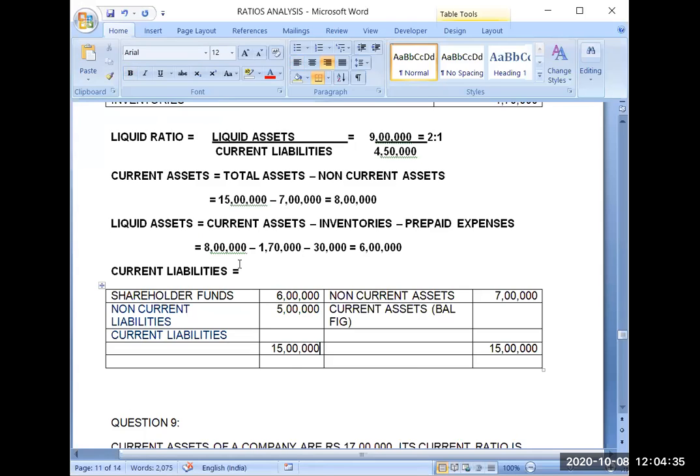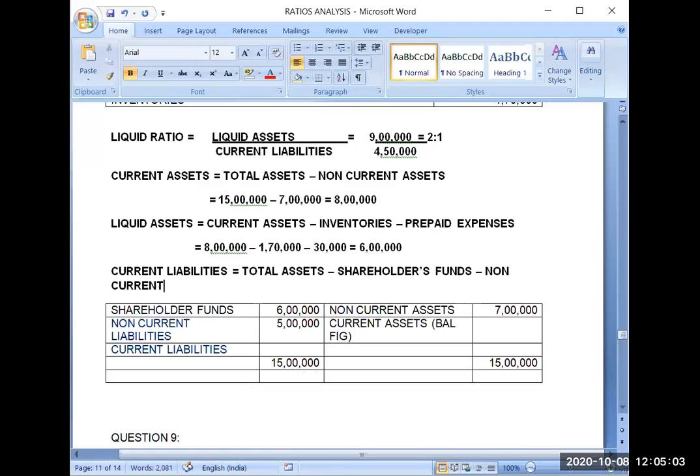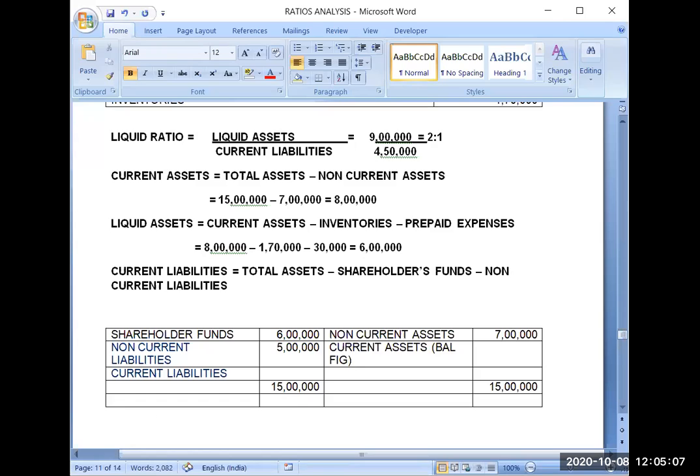So I will mention it here according to the question: total assets minus shareholder fund minus non-current liabilities. You will not be surprised how these formulas are coming, because you will be logically clear about these formulas. This needs regular practice.